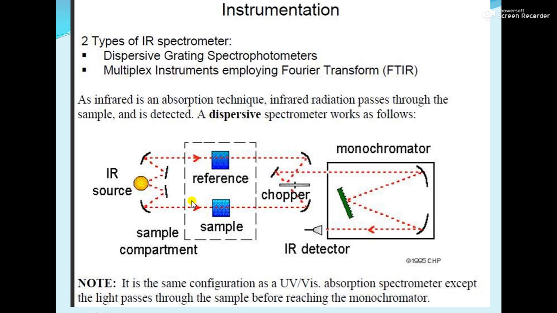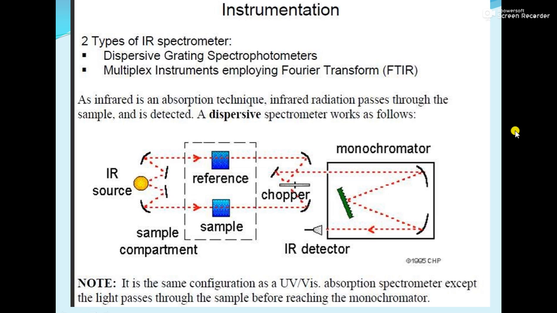So as infrared is an absorption technique, what happens? This infrared radiation passes through the sample and it is detected. In this way it is going to work. Now how is it different from UV visible? The configuration remains the same in UV visible absorption spectrophotometer except the light passes through the sample before reaching the monochromator.